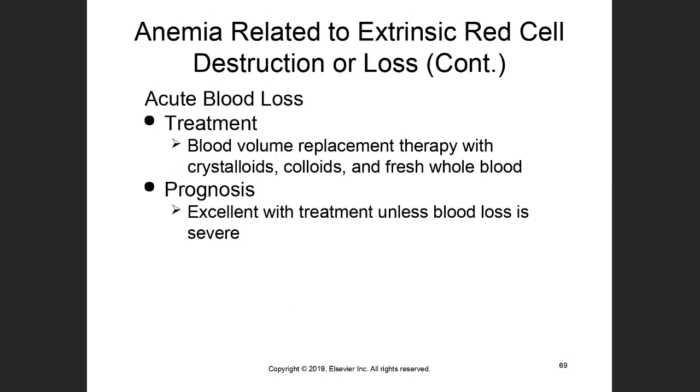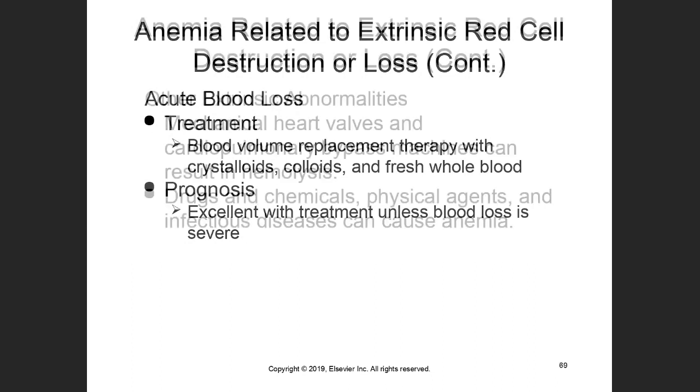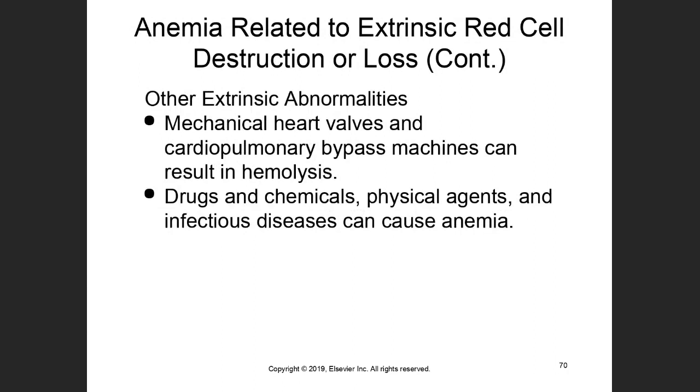Treatment: blood volume replacement, IV fluid, and send them to the OR, always. Two large-bore IVs, okay, two huge IVs, completely open, and most of the time you have to give red blood cells to those patients, okay?